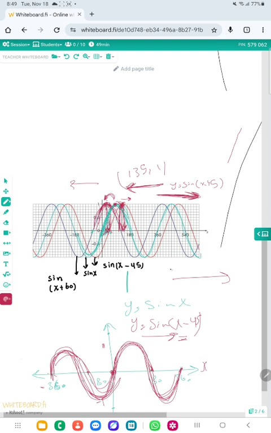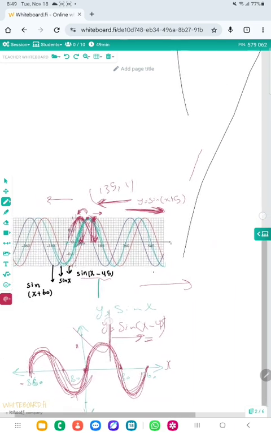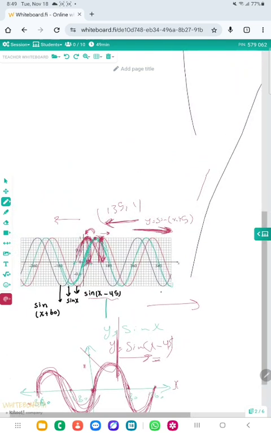What about y equals sine x minus 45? That's the red one here. The late one is behind the original wave. It's still waiting to start when the original wave is already going. It's shifted right. They are all identical waves, just starting at different times. This is why we call it a translation or a slide. The shape doesn't change, only its position.